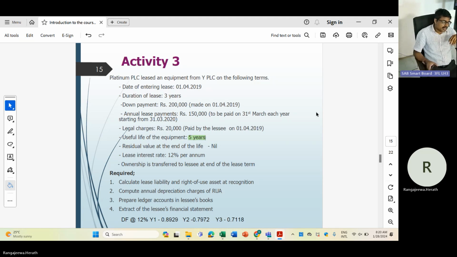So the lease rental is 150,000. You have to discount it and take the present value of the lease payments. That is the initial amount of lease liability.